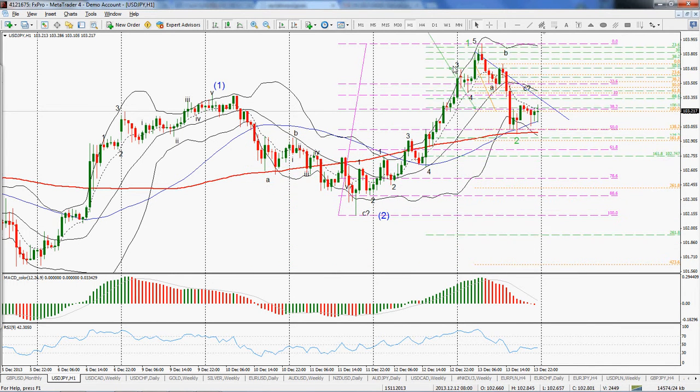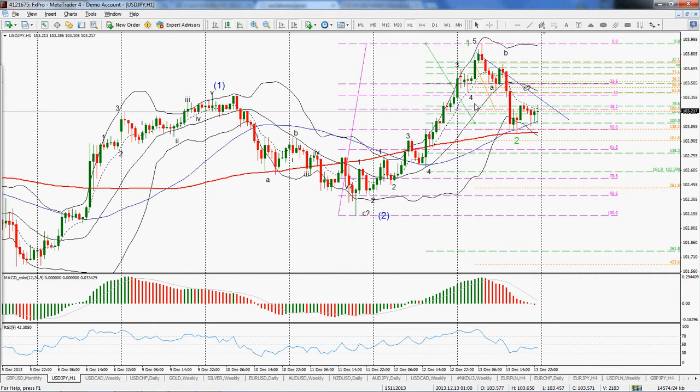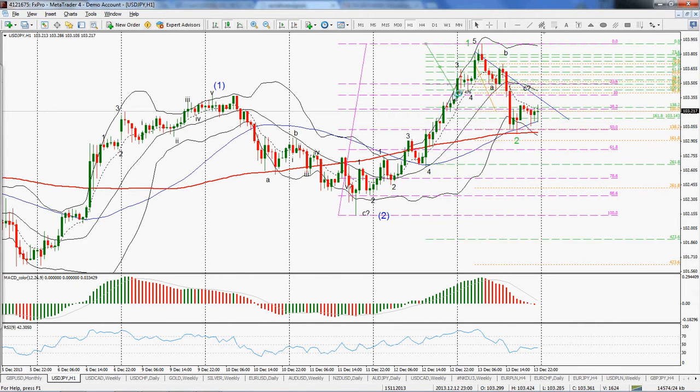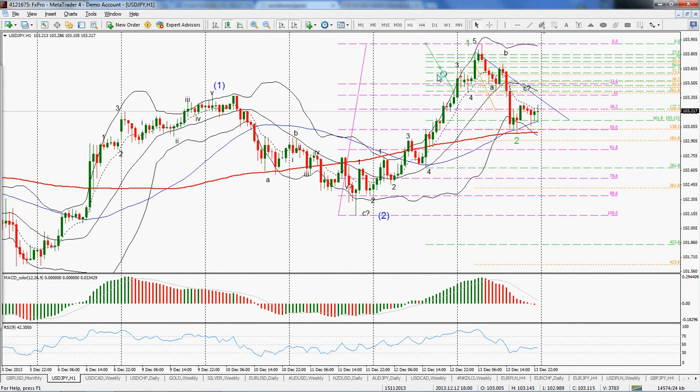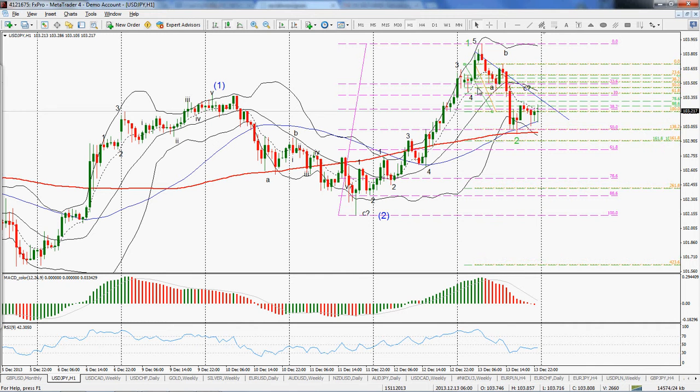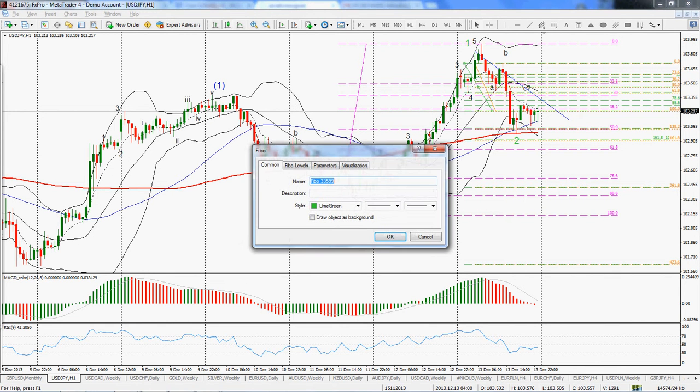Okay, so I'll measure again the first wave, I mean the A wave, then the C wave. The C wave of a zigzag is the same length as wave A was, 161.